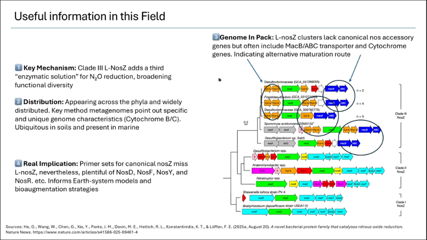Taken together, these points give the field a concrete to-do list: redesign primers or panels to see clade 3, run head-to-head clade assays under realistic chemistry, and probe the flanking genes to confirm the proposed pathway.